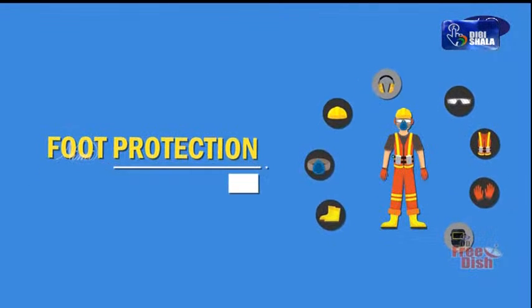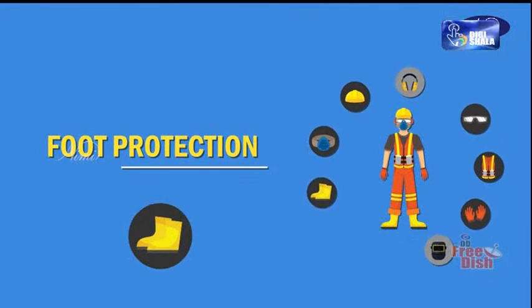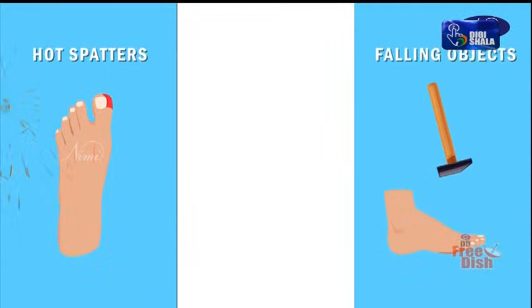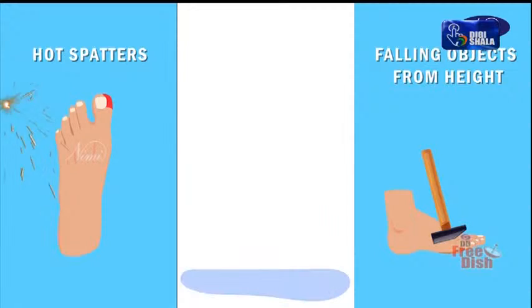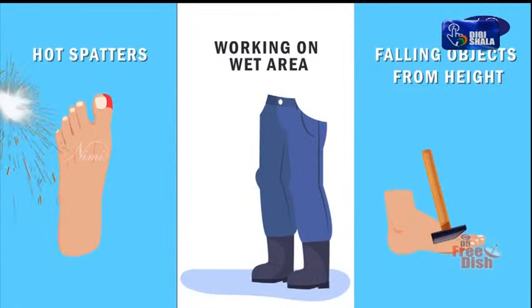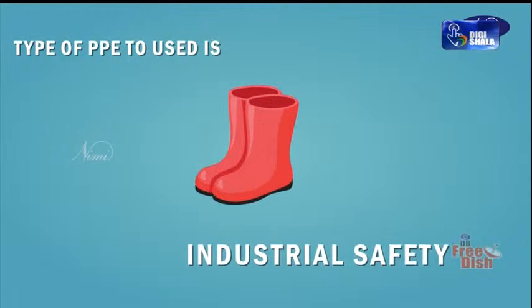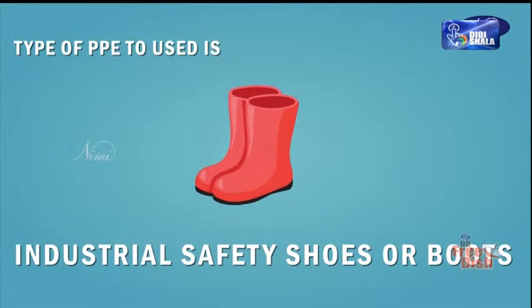Second type of protection is foot protection. The hazards are due to hard spatters, falling objects from heights and working on wet areas. The type of PPE to be used is industrial safety shoe or boot.